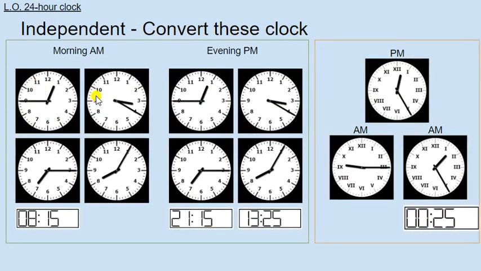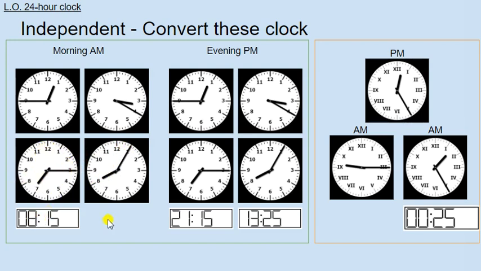Then we've got this one: 5, 10, 15, 20, 20 past 3, 3:20. This one here is 5 past 8. And this one is 7:15.